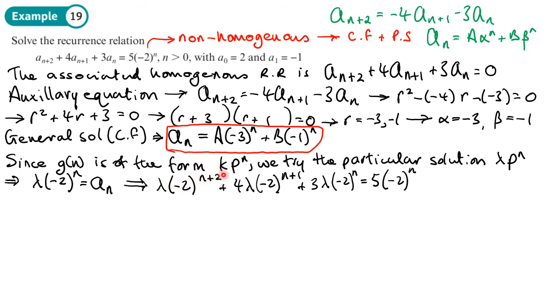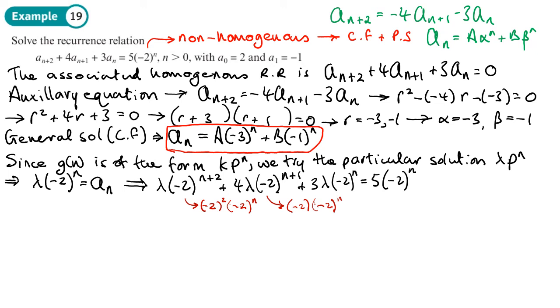Well, negative 2 to the power n plus 2 is the same as negative 2 to the power n times negative 2 squared. So I'm going to take out a negative 2 squared and then also have negative 2 to the n. With this one here, I'll do the same thing. I'll take out a negative 2, so this is the same as negative 2 times negative 2 to the n. That way I can get all of the powers the same.